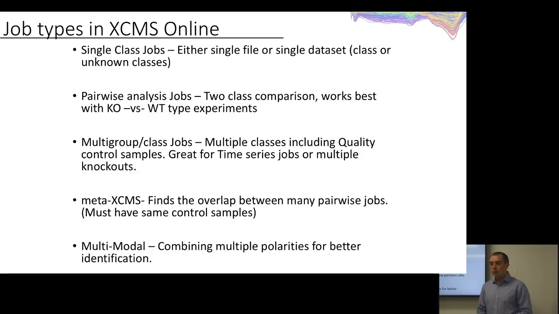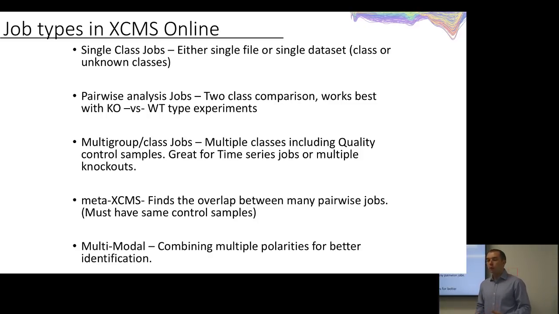Then there are the pairwise analysis jobs. What they do is we start comparing two different classes between each other. We have an A set and a B set, and we want to see whether a particular feature is different in one class versus another class. So this is your normal wild type versus knockout scenario.